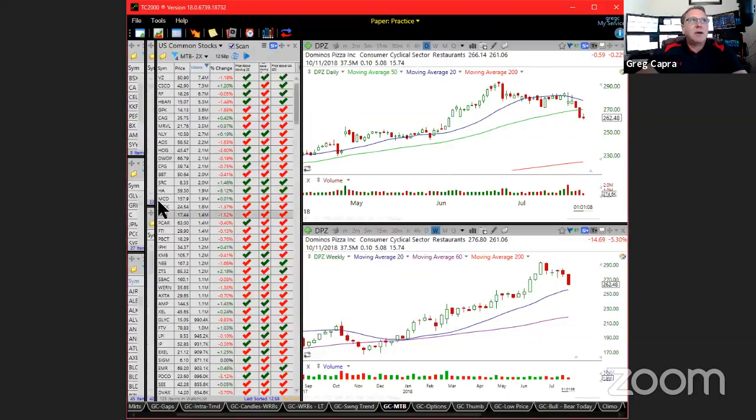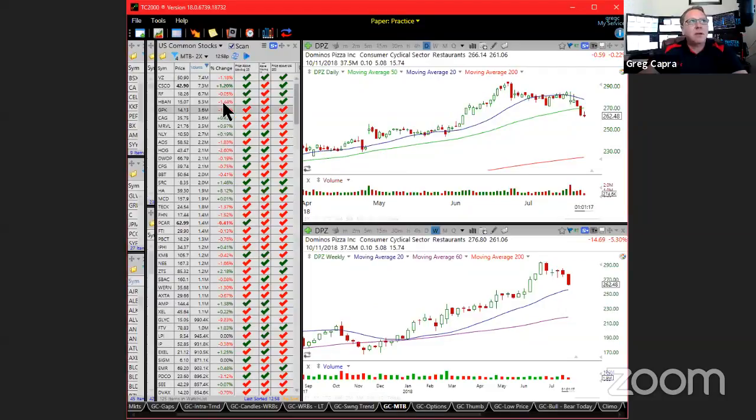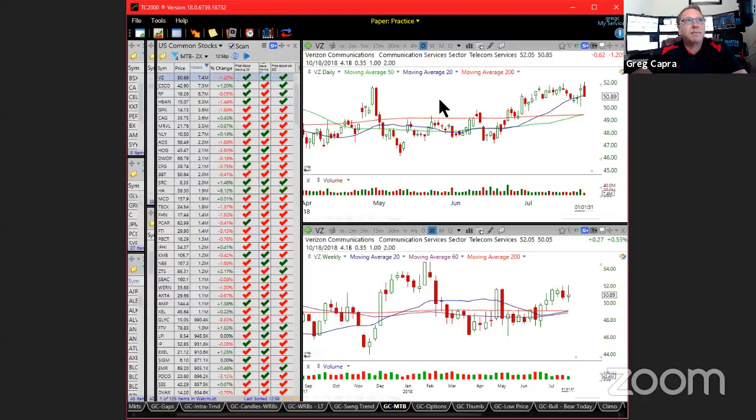So here, just to go through the scan, this scan looks for basing in 2 time frames. I'm looking for the daily to be going sideways and the weekly to be going sideways. So in essence, a sloppy mess going back and forth for the most part. And then you start going through them.